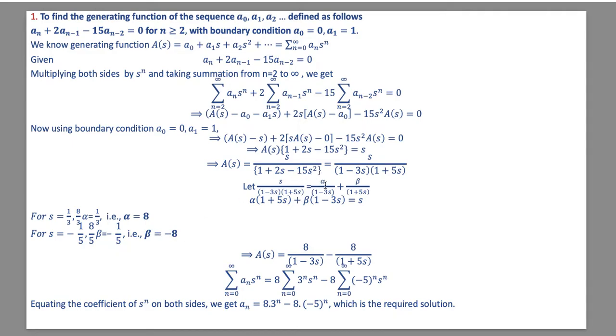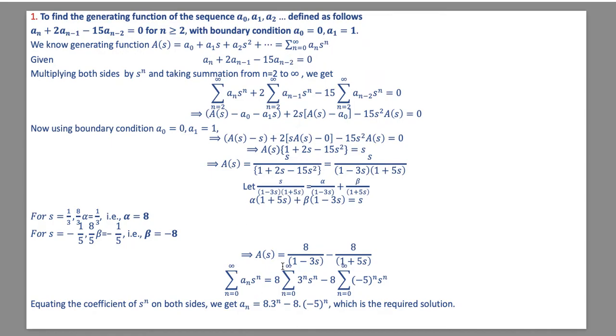So if we substitute the values of alpha and beta here, alpha is 1 upon 8, beta is minus 1 upon 8, then As is equal to 1/8 upon 1 minus 3s minus 1/8 upon 1 plus 5s. So As is nothing but sigma n equal to 0 to infinity a n sn.